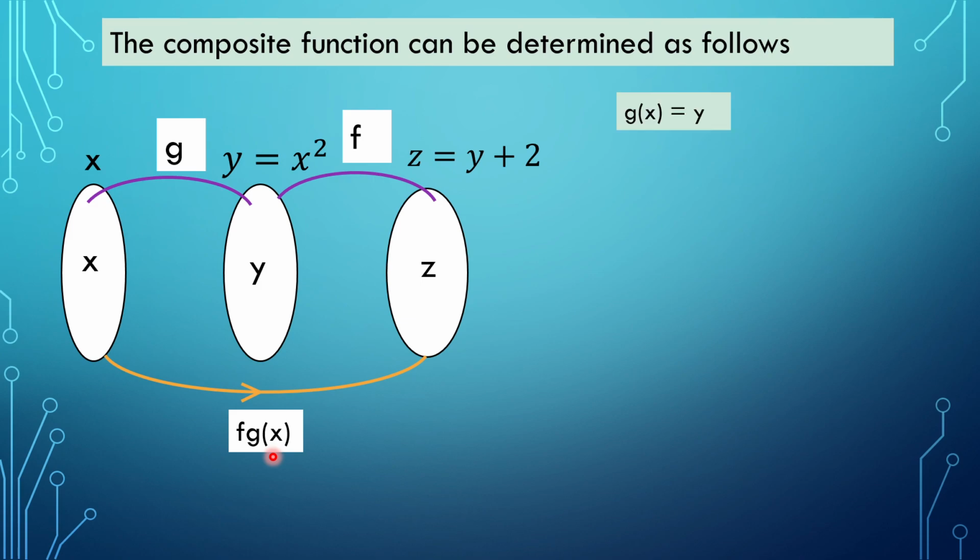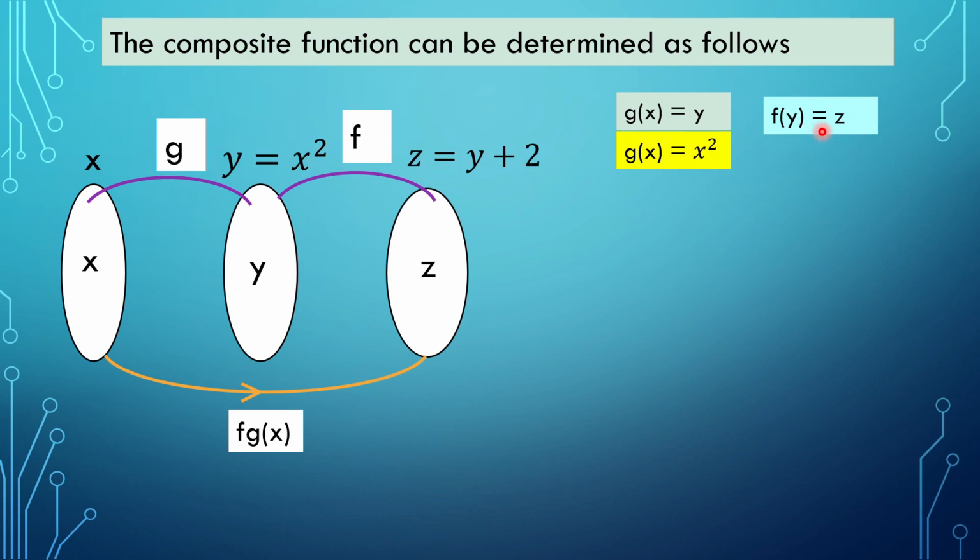Now you have g(x) equals y. So y equals x squared. So replace the y as x squared. Now you have g(x) in terms of x, that is x squared. Next, f(y) equals z. So based on the diagram, you can write this equation.